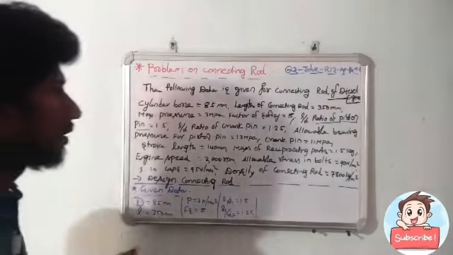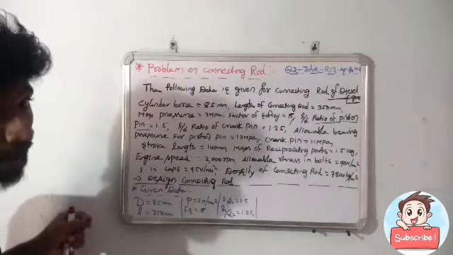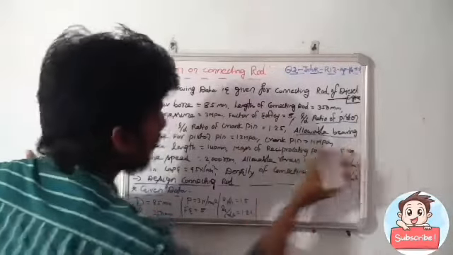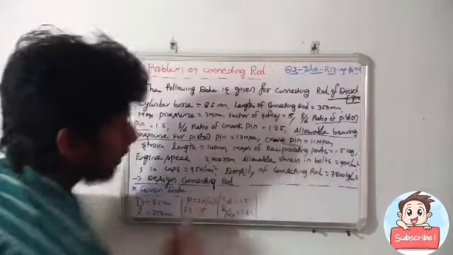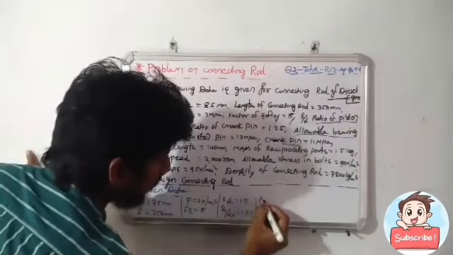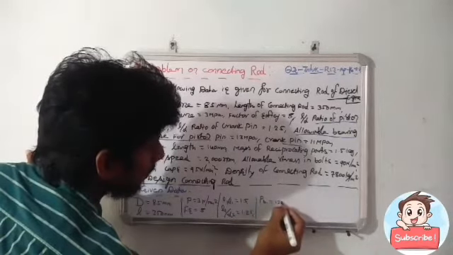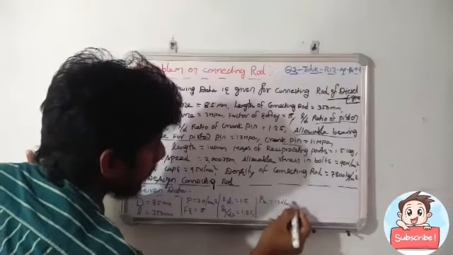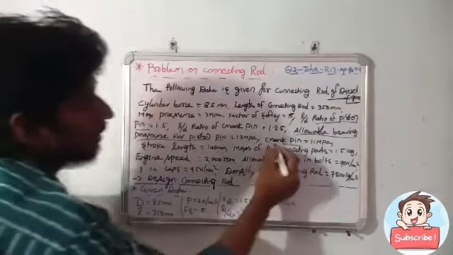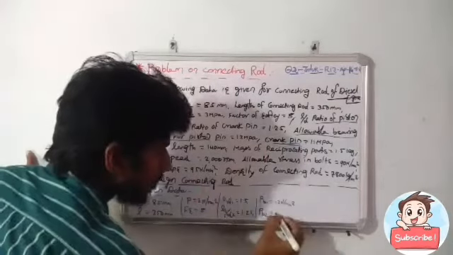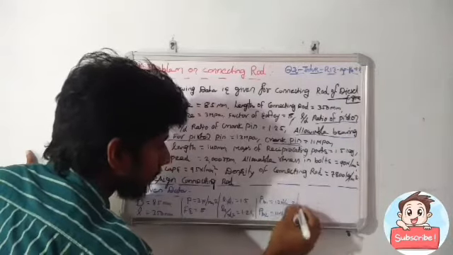Allowable bearing pressure for the piston pin and crank pin are both provided here: PB1 for the piston pin is 13 Newton per mm square, and PB2 for the crank pin is 11 megapascal, so 11 Newton per mm square.